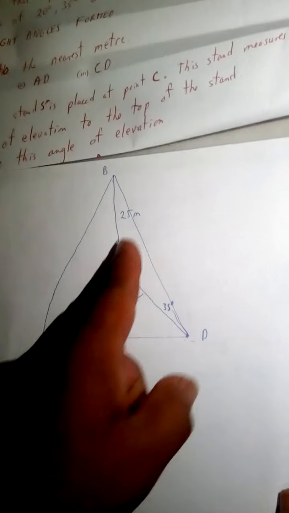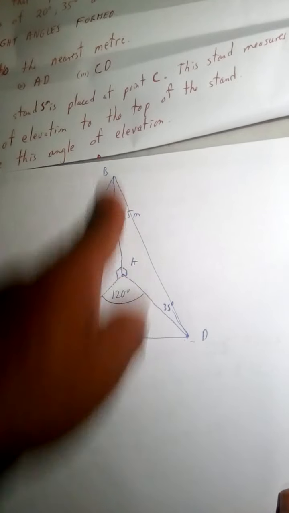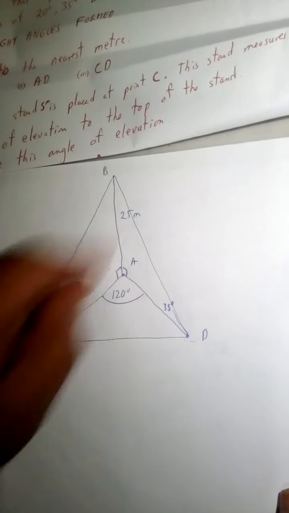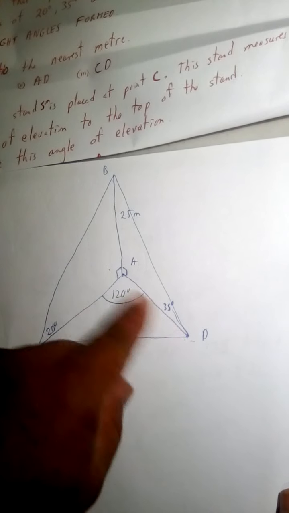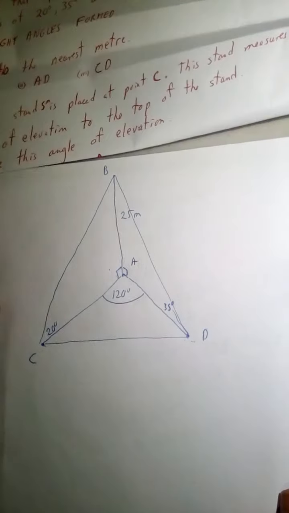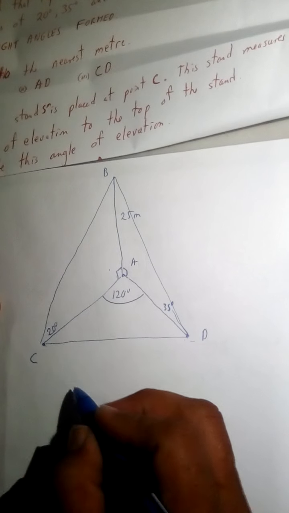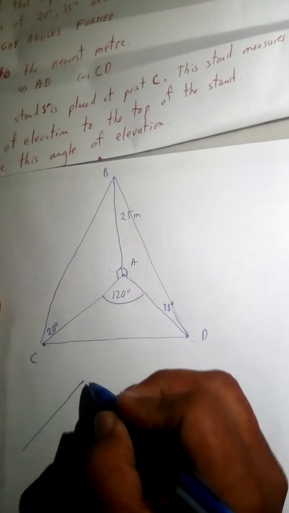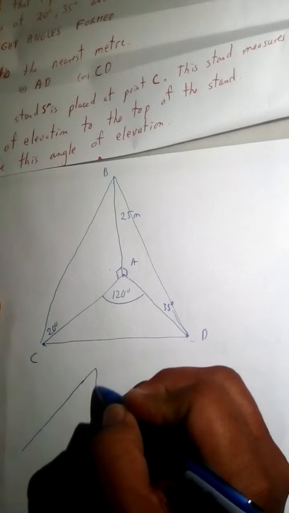Well, if you notice, the pole has a vertical height. This has a 35 degrees. So let's take this top piece and split it. This side here, let's look at it from this perspective.